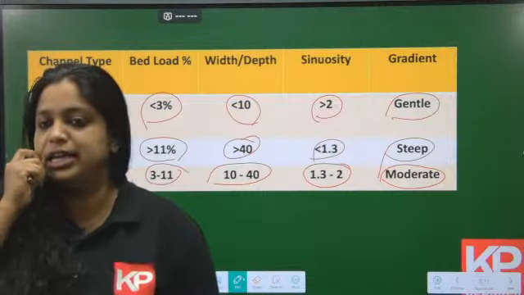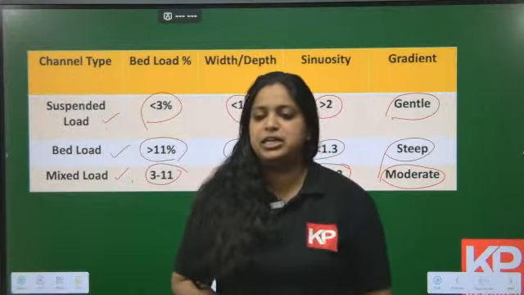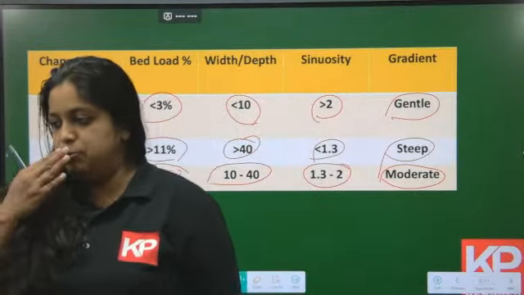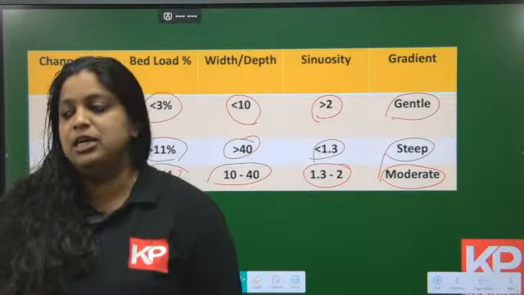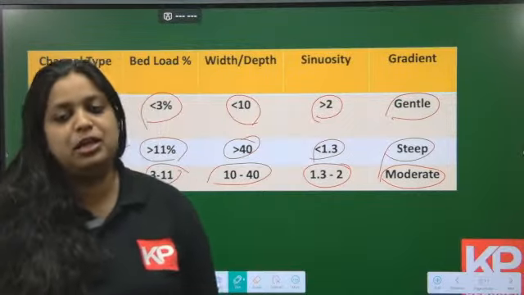Sinuosity and channel gradient are what define straight, meandering and braided channels. Sinuosity and fluvial gradient are related: if the fluvial gradient is high, the sinuosity value will be low.